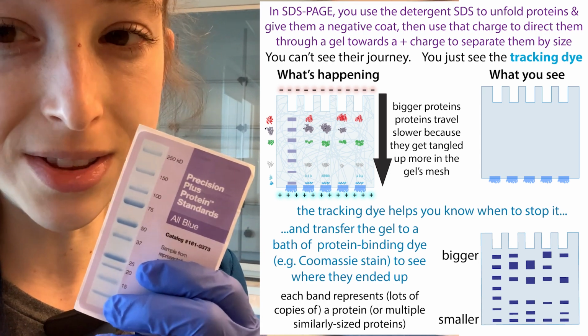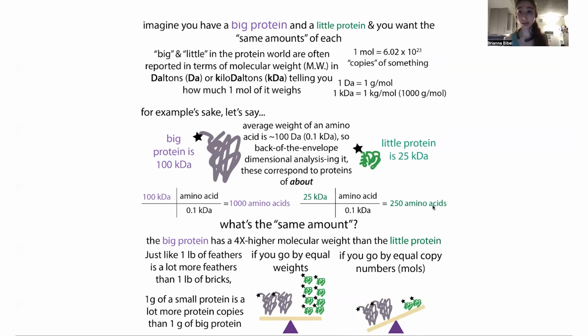So why should you think about copies? We care about the number of copies for a number of different reasons, and sometimes we care more about it than others, and sometimes we should care more about it than we actually do. It's kind of like if you had a pound of feathers and a pound of bricks. They're both going to weigh the same, they'll both weigh a pound, but there's going to be a lot more feathers than there are bricks.